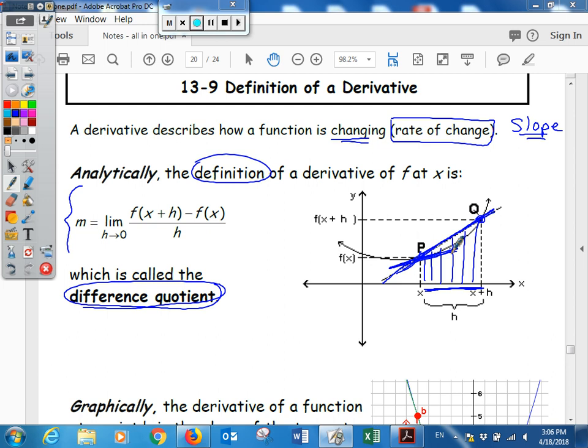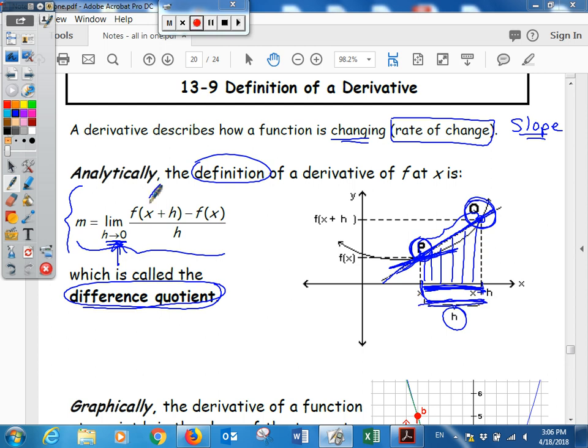And so this formula is talking about the limit as h approaches 0. Well, h is the difference between x and x plus h. That's the distance between the 2 points. So as h gets infinitely small, heading towards 0, this formula, f of x plus h, that's the y value of this point, minus f of x, that's the y value of the starting point, all divided by h, that's the difference in the x's.